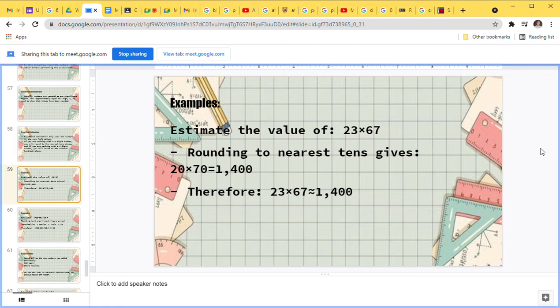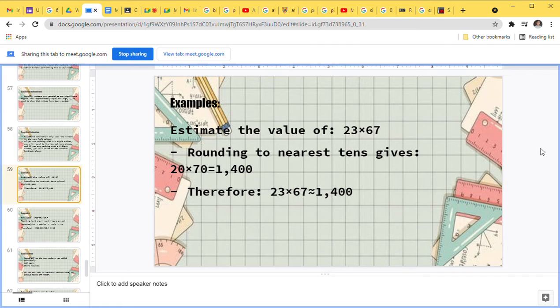Correct, right? If we round off 23 to the nearest 10, we have 20. If we round off 67 to the nearest 10, what do we have? 70, right? So that is what we do first. We round off the numbers before doing the calculation. So we have 20 times 70 now equals 1,400.